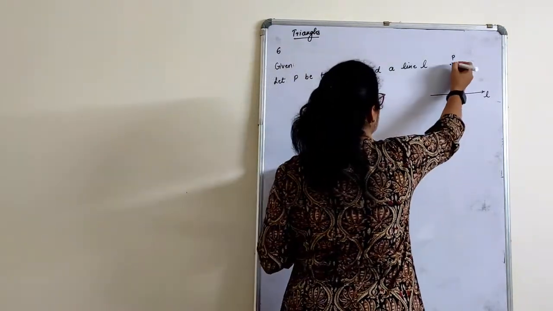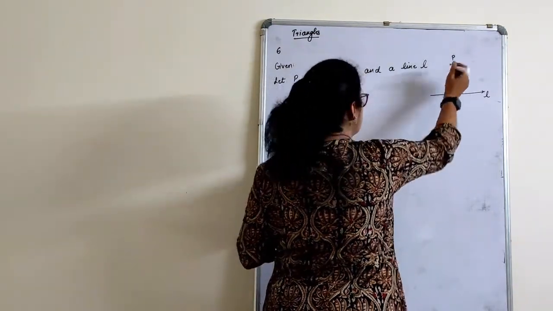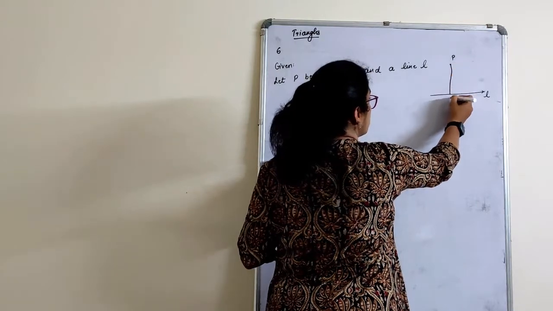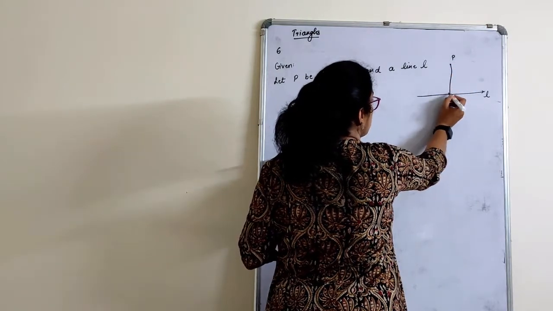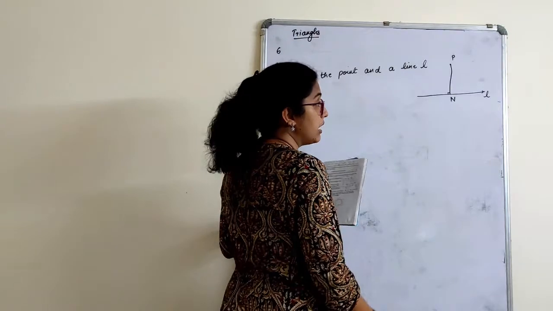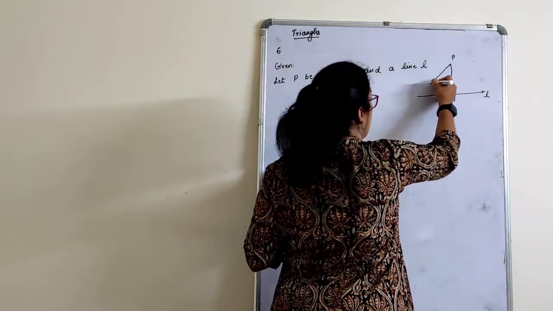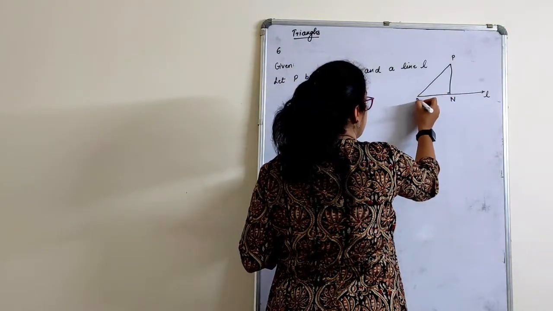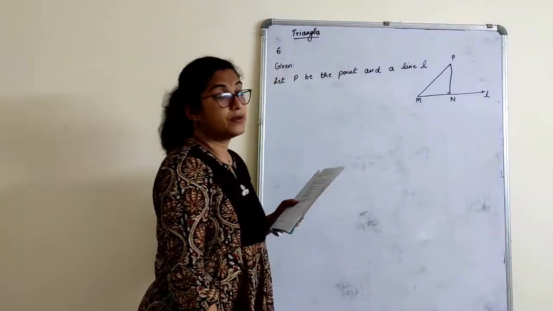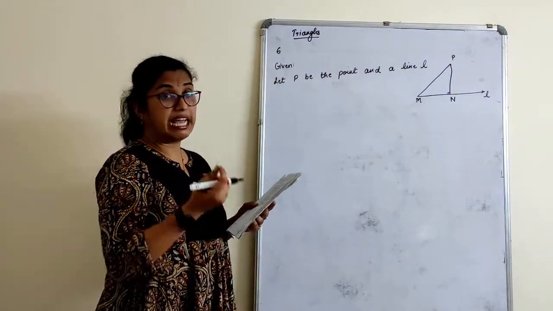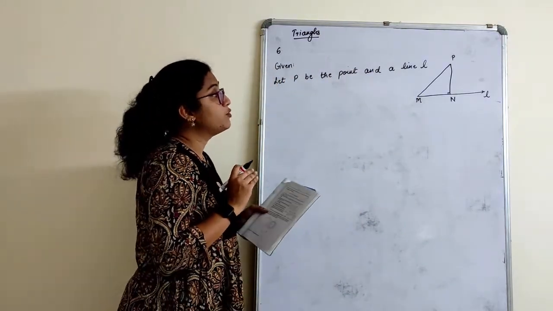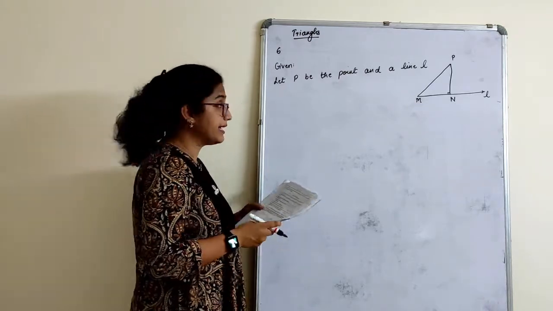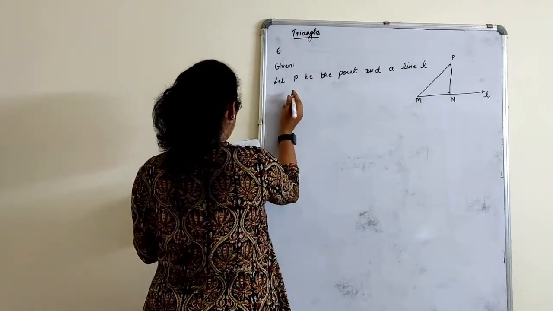Now I have to draw PN perpendicular to line L, and I have to join the line segment PM. So P is a point and L is a line. So I am drawing a perpendicular on the line L.